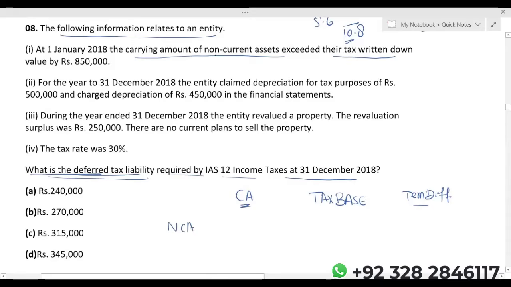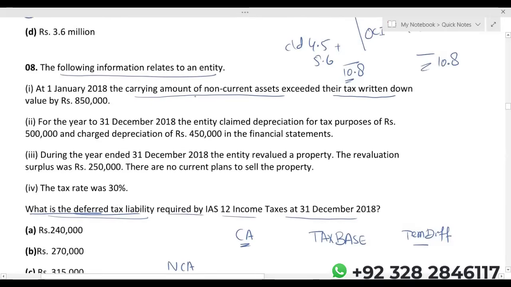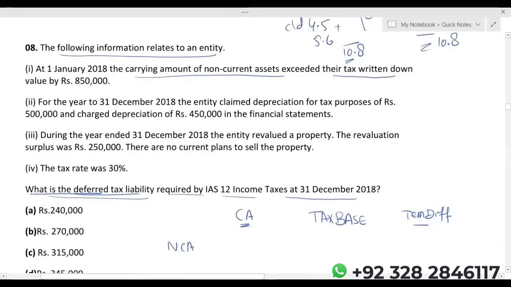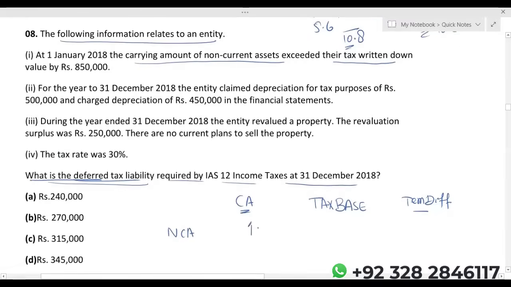The carrying amount is more and the tax base is less, so 8,50,000 is a taxable temporary difference.